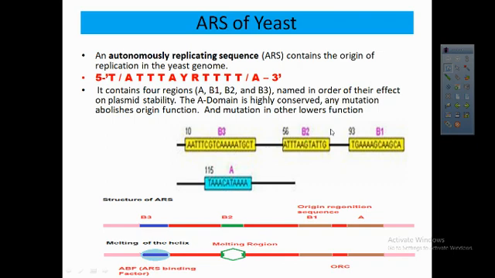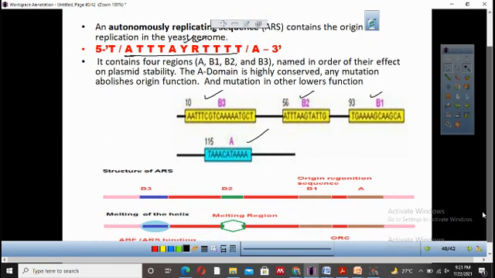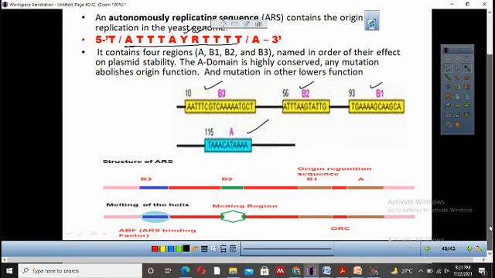So the ARS is the autonomous replicating sequence from the yeast cell, and this ARS has the sequence 5 prime ATTTAYRTTTT, where Y is a pyrimidine and R is a purine. Any purine or pyrimidine can be there. And this ARS has four regions, B3, B2, B1, A. These four regions are very important because B3 is responsible for binding with the ARS binding factors.